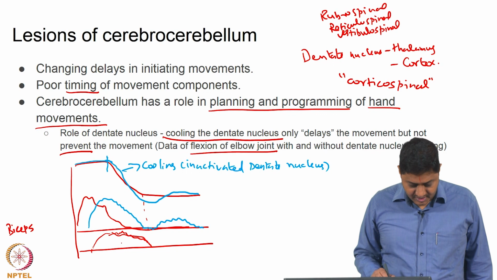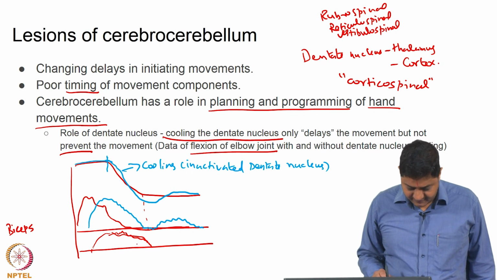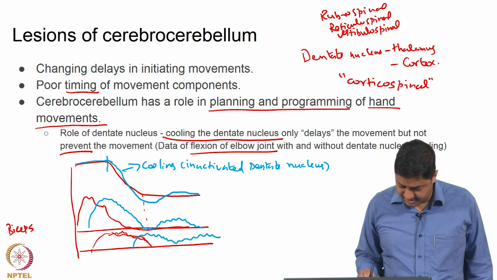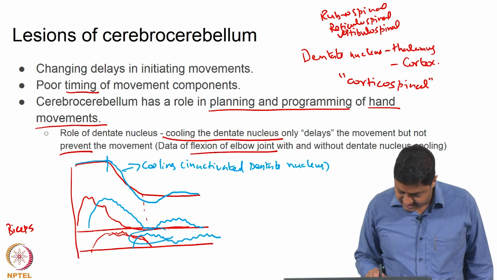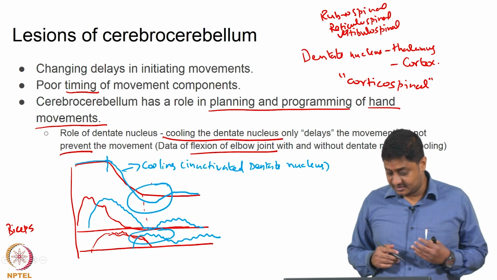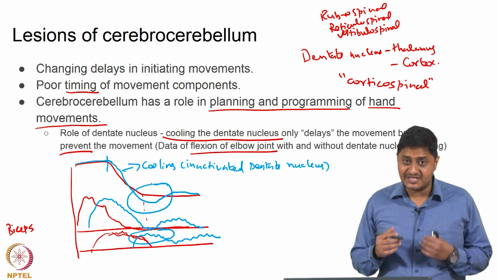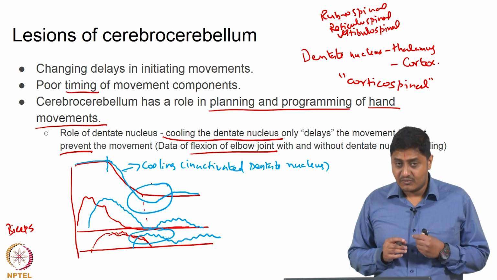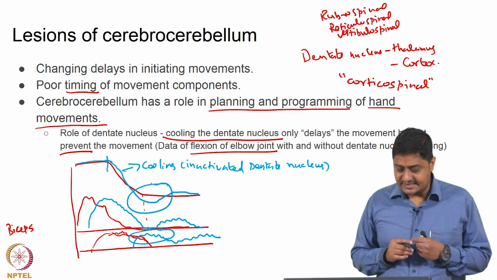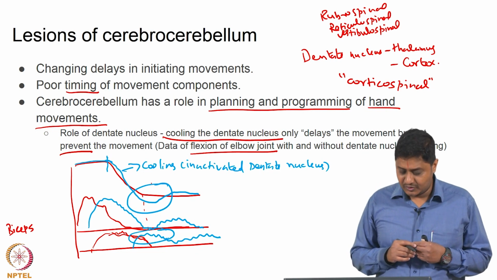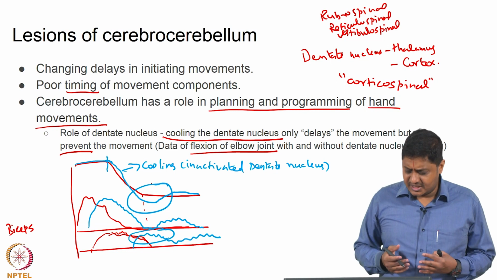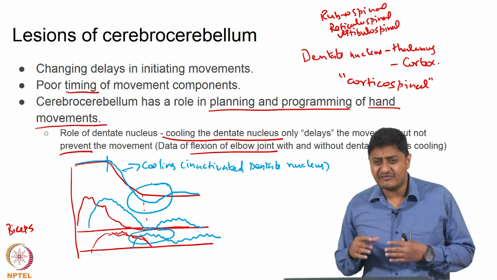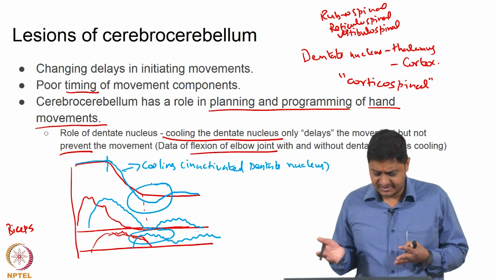And what is worse is that the activity of the triceps is delayed and does not have proper termination. Because of this reason you are having this feature, because the triceps and biceps activity are poorly coordinated between these two muscles, what you have is poor temporal coordination.